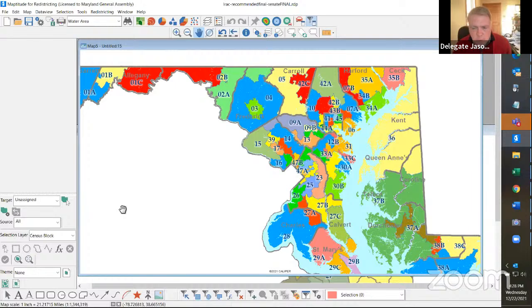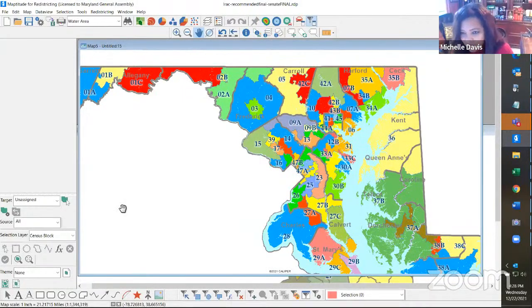I think that's the word I would use, at least. What's the population variance in Senate District 35, or for example in the 35A and 35B sub-districts? Because they would be the ones most impacted by what Senator Simonaire was discussing. And I'm just trying to figure out how that fits together.